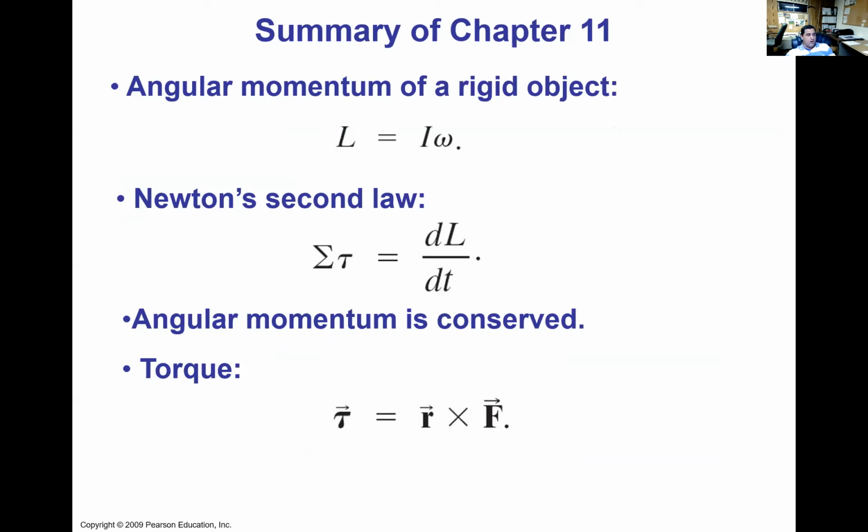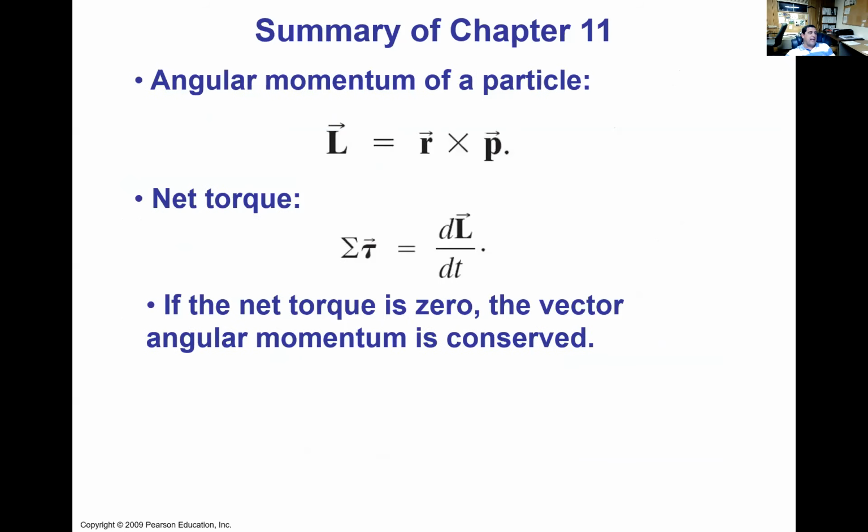Torque is equal to R crossed with F. Angular momentum of a particle is given by R crossed with P. Net torque is equal to change in angular momentum with respect to time. If the net torque is 0, the vector angular momentum is conserved. And that is the end of chapter 11.